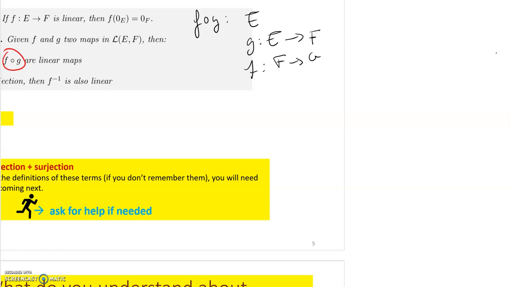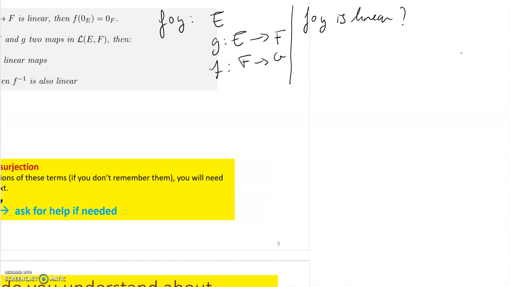If I want to apply F to G, I must have that the domain of F is included in the codomain of G. Otherwise, I can't really do the composition. All right. So this being said, I want to show that F composed with G is linear, assuming that F and G are themselves linear.